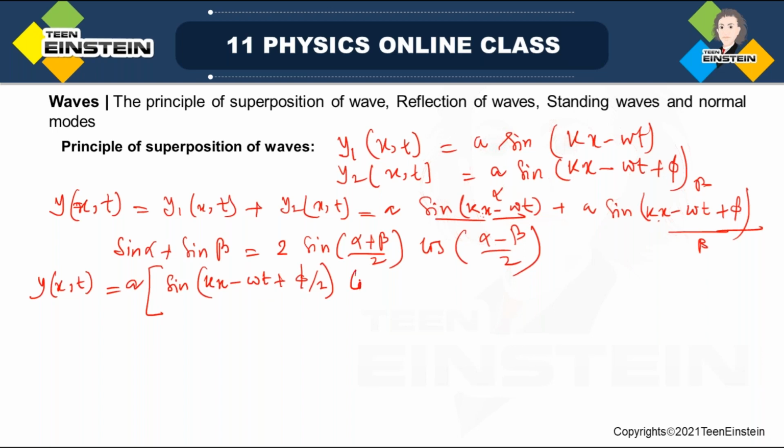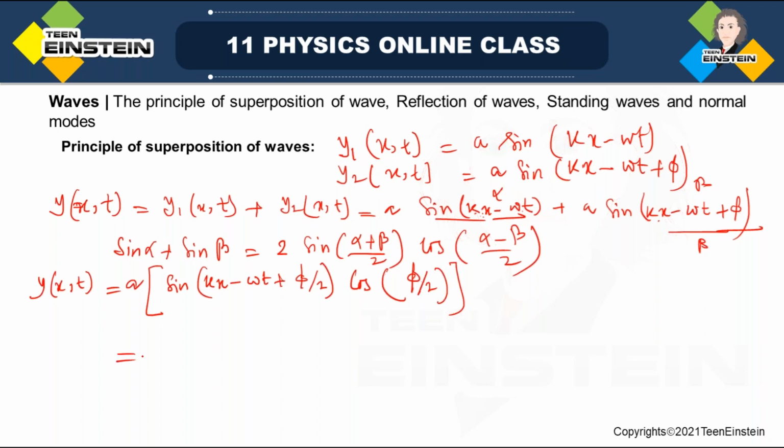Okay, this is one term. And for the cosine terms, you have to just subtract. So if you subtract, the kx and omega t will cancel each other, and eventually you will get alpha minus beta. So cos of minus phi means cos phi itself, so we can write phi by 2.